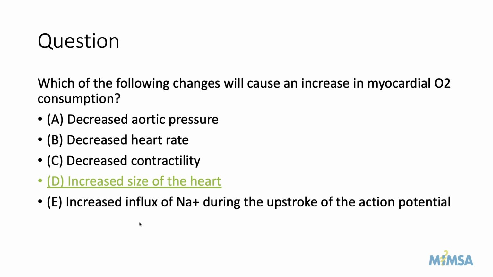Even though the upstroke influx of sodium will increase the strength of the action potential, it doesn't have that much of an effect on myocardial O2 consumption compared to the actual increased size of the heart. Because if your heart size increases, obviously there's more oxygen that the heart needs.